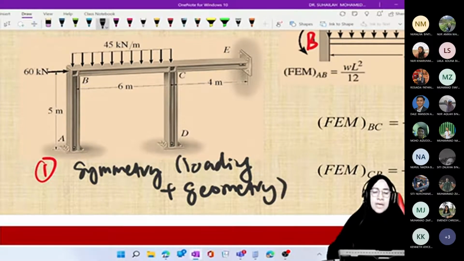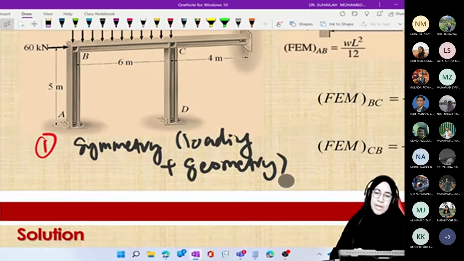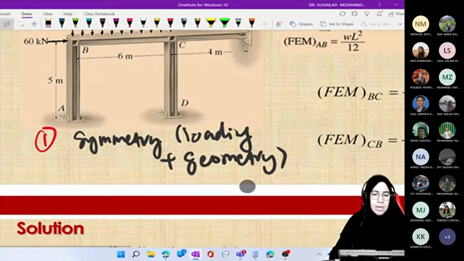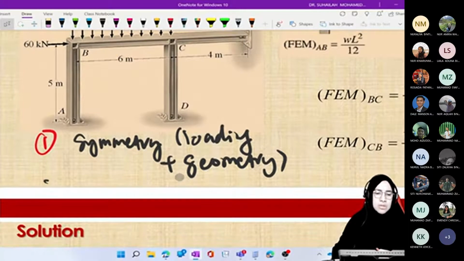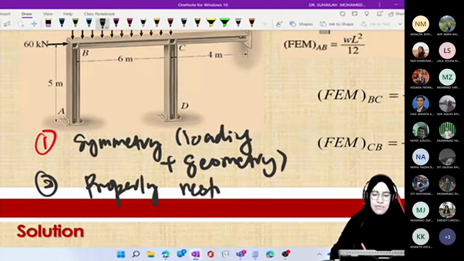This is a non-sway frame, no sidesway frame. We can call it a non-sidesway frame or no sidesway. And condition number 2, it is properly restrained. Properly restrained frame.